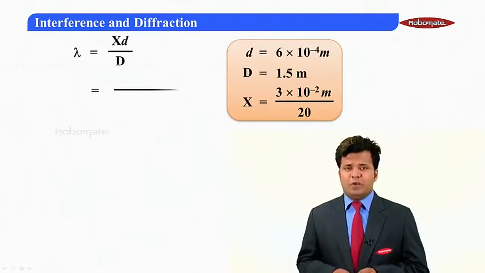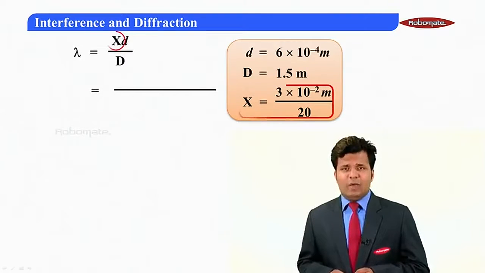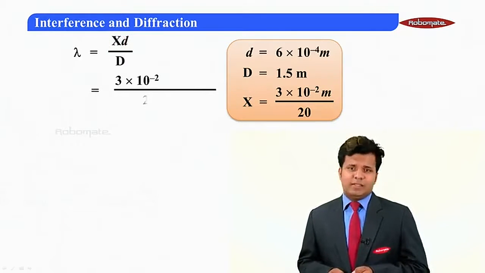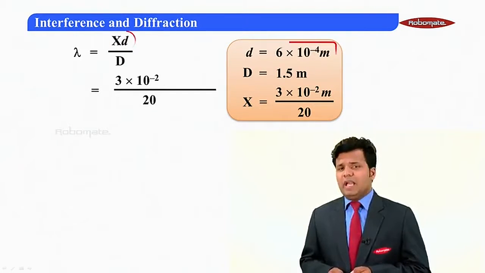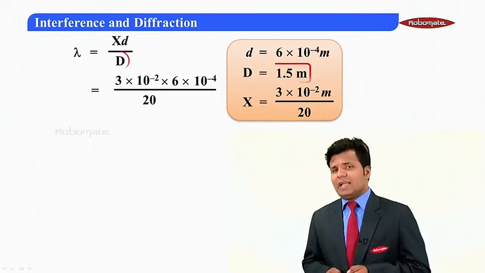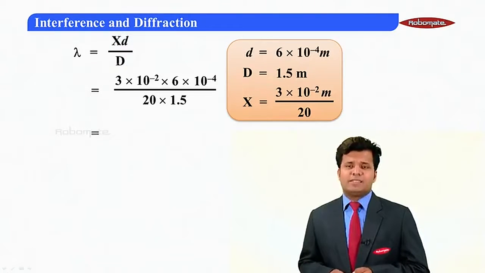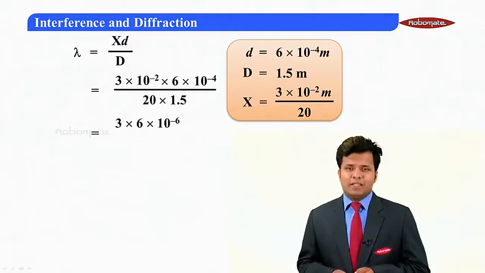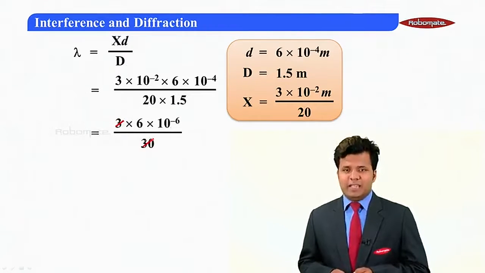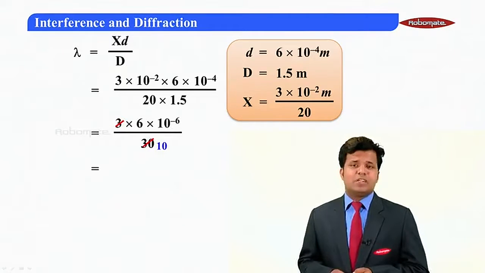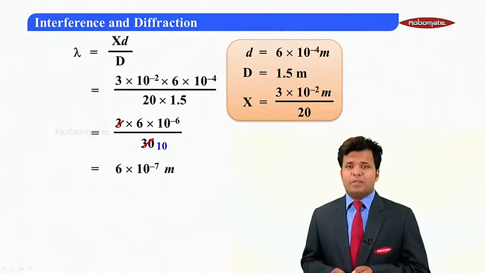I'm going to substitute the value of x here, then the value of small d, then the value of capital D, and I would be getting the direct answer on simplification as lambda equal to 6 into 10 raised to minus 7 meter.